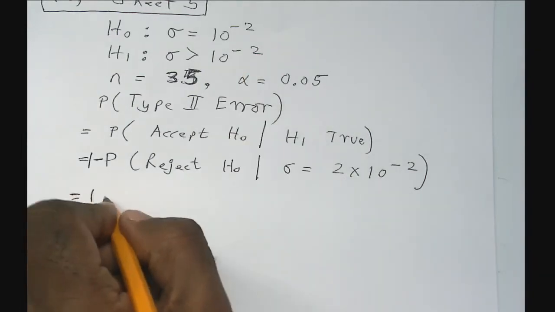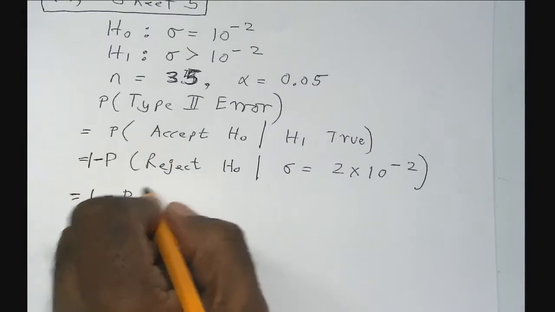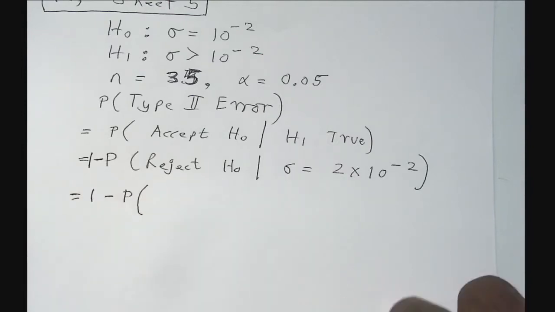Now, can you tell me, once again, look at the lecture notes, what is the rule for rejecting the null hypothesis in this case? This is once again in the lecture notes, guys.